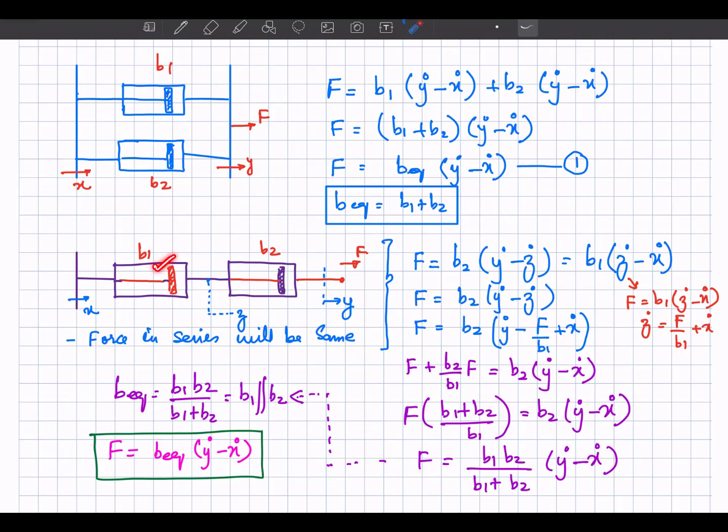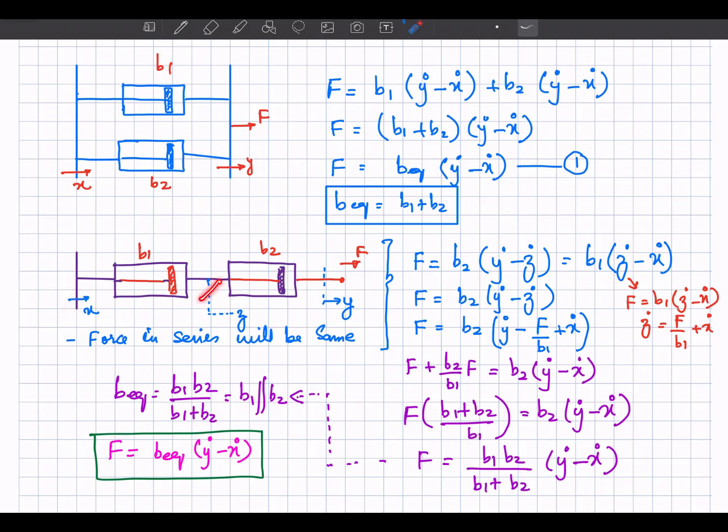And if the dampers are in series, the force in series will be the same. So the force that you are going to apply, the force that will be applied by the dampers in this direction, either by this one or this one, will be the same. The force applied by this one is equal to the difference of the velocities at this point and at this point.